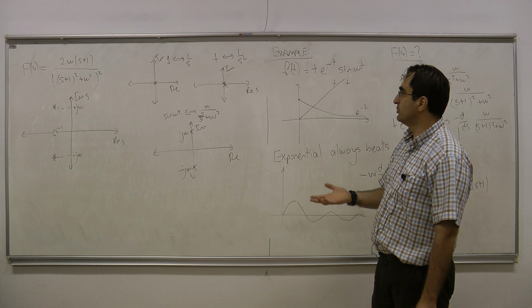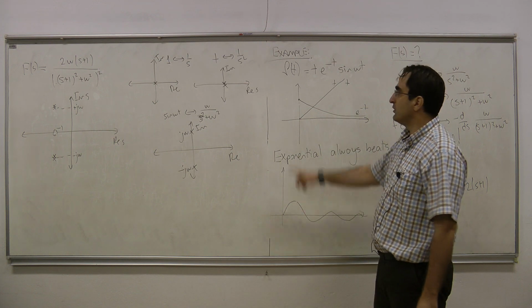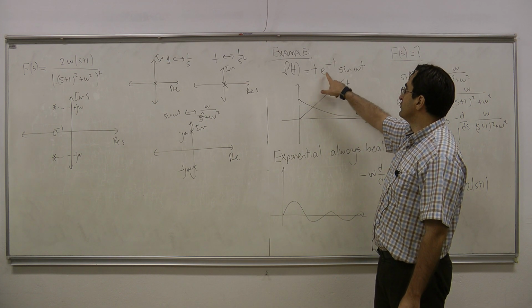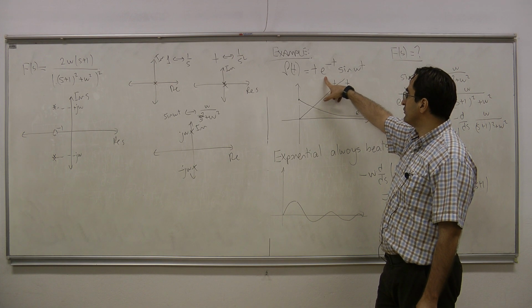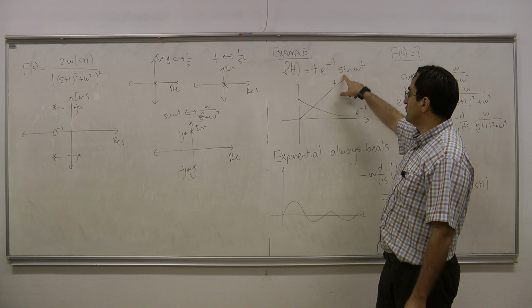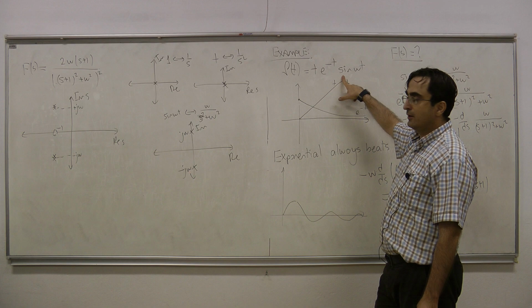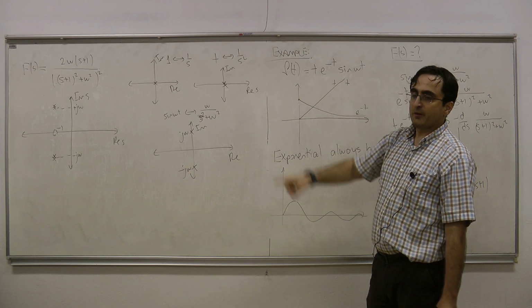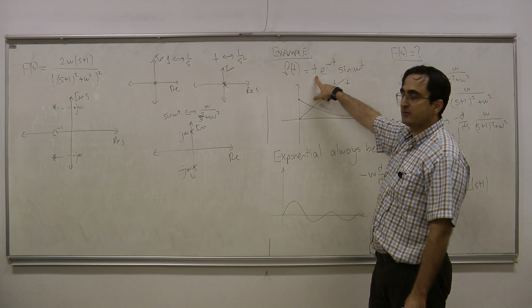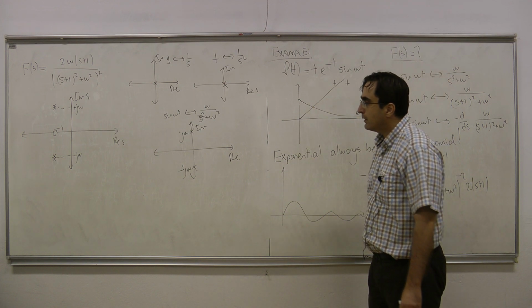It gives us the clue that there is a t multiplication in the front. So the real part determines this exponential e to the minus t, the imaginary part determines the frequency, and the multiplicity of the poles determines the t multiplication.